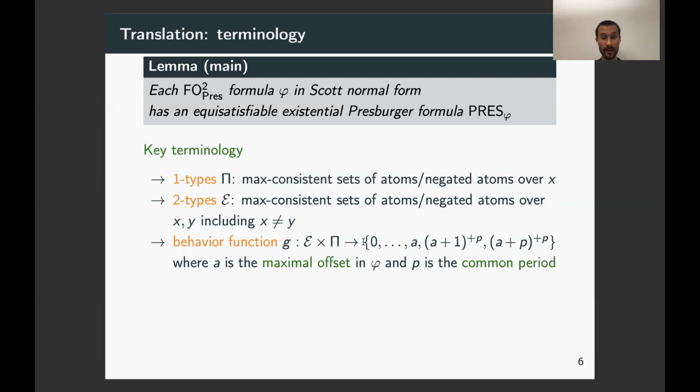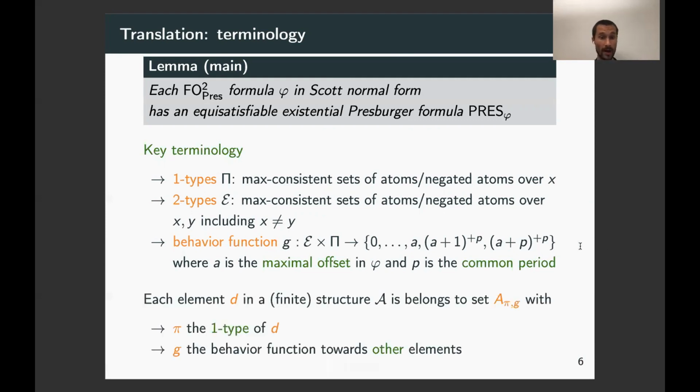What is important here is that it is finite, so we can describe all behavior functions, like just list them, there are a finite number of them, and that they cover all natural numbers. So all natural numbers belong to one of these linear sets. Of course, they depend on the specific formula we consider, but basically this set captures all relevant cases we bother about.